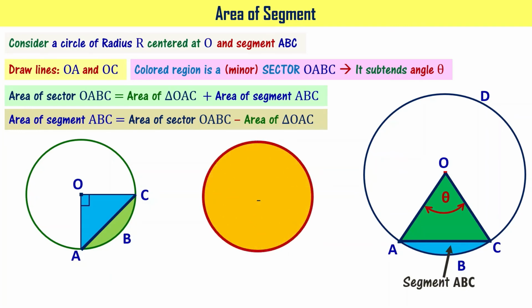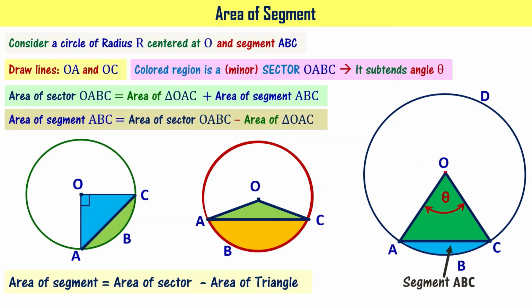In this particular case, the subtended angle is greater than 90 degrees, right? In all three cases, you have seen that area of segment can be written as area of sector minus area of triangle, right? Please note this point.